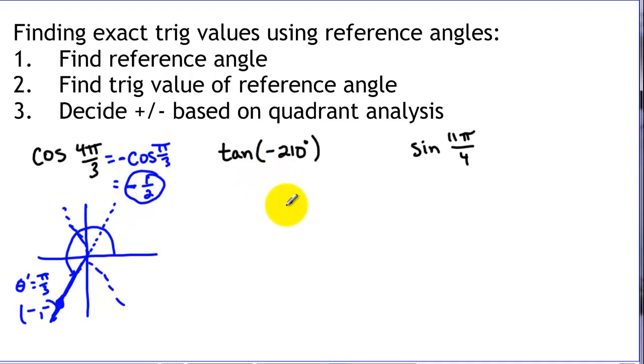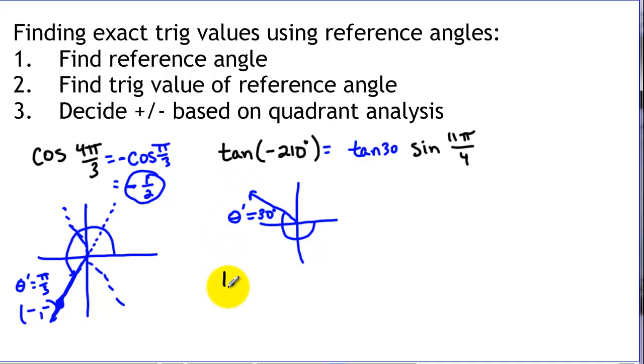Let's look at a tangent. Negative 210, that's negative 180, and we go a little bit more. In fact, we went 30 degrees more, so our reference angle is 30. So the tangent of negative 210 numerically is going to have the same value as the tangent of 30. And now we've got to figure out, should it be positive or negative?